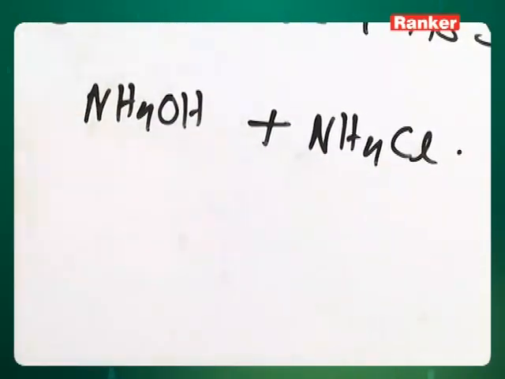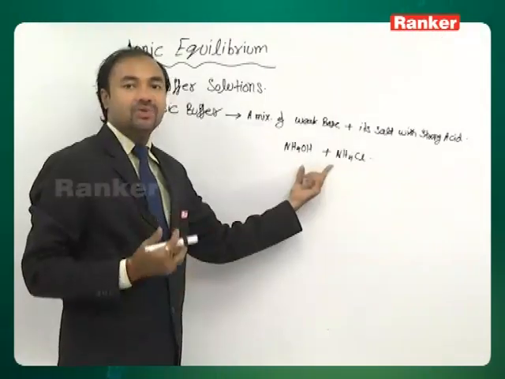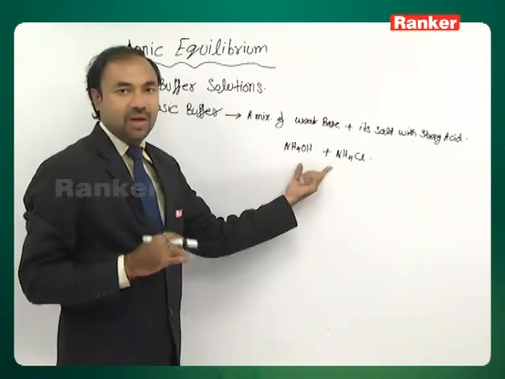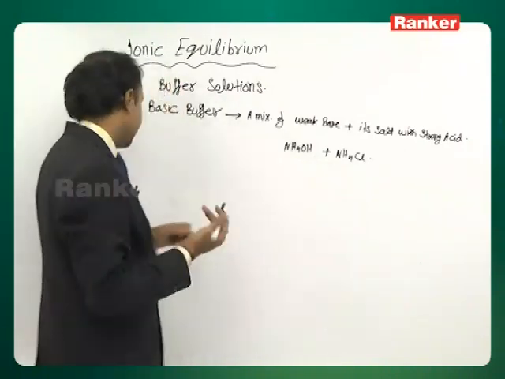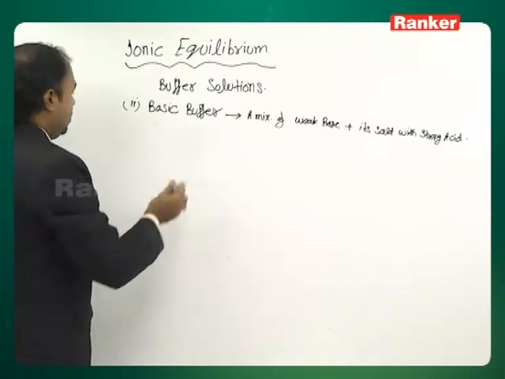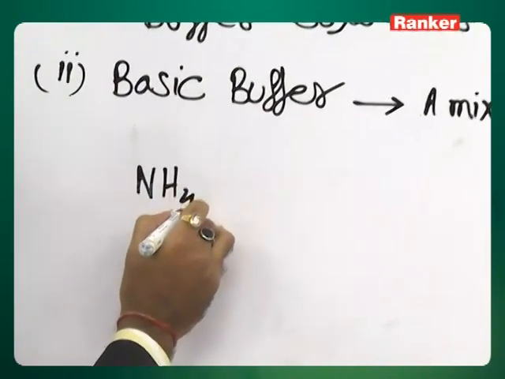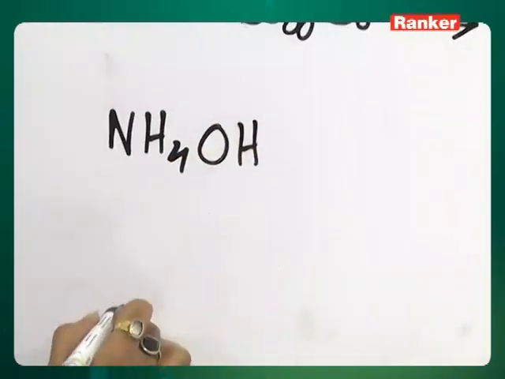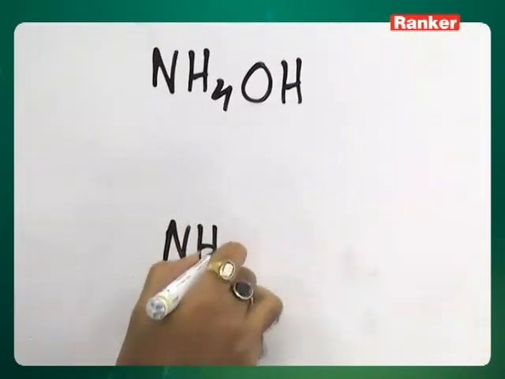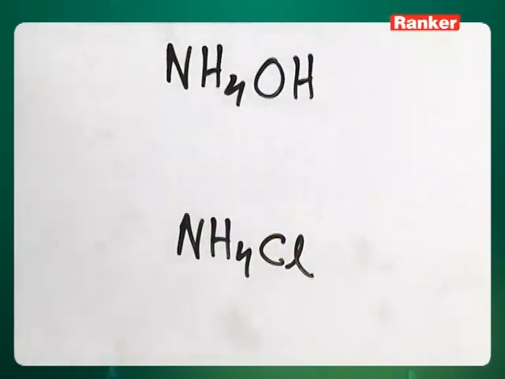If a basic buffer is given to you and they ask you to find the pH of this solution, how do we do it? See that. Quite similar to the first case. We have here ammonium hydroxide and ammonium chloride, NH4Cl.